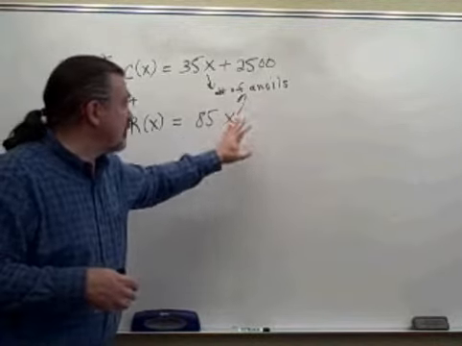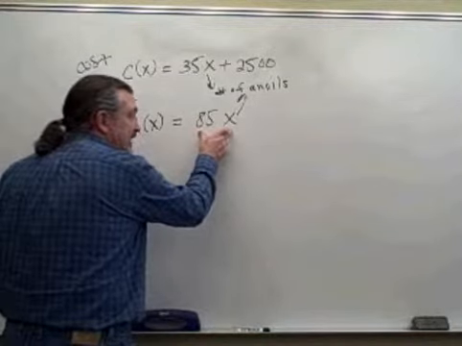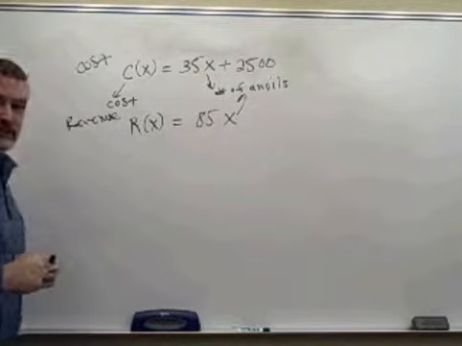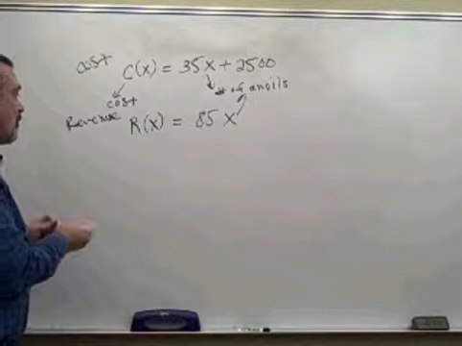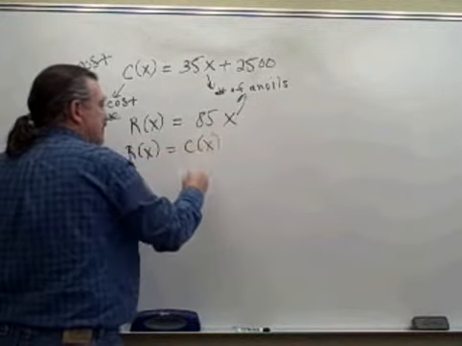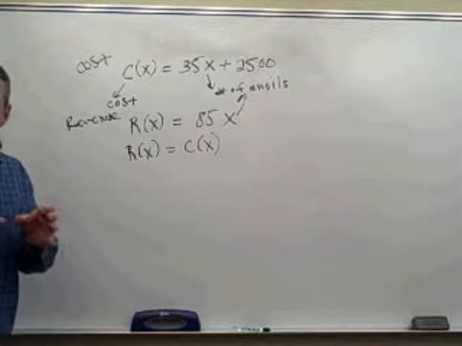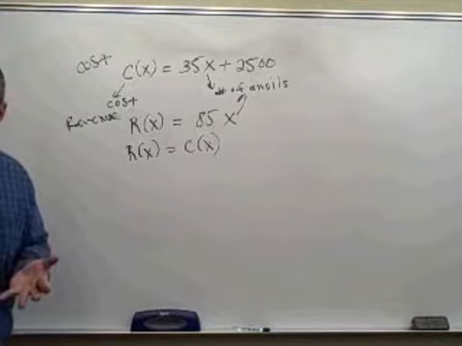So what value of X do we have to have so that 85X is the same as 35X plus 2,500? We want that revenue to equal the cost for some specific value of X. In fact, that's the question. And this point at which the revenue covers the cost is called the break-even point.